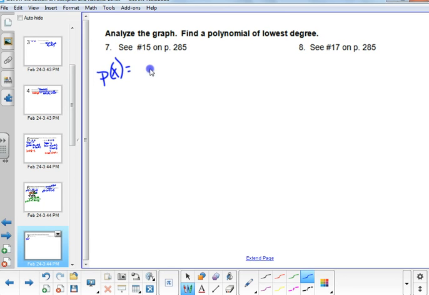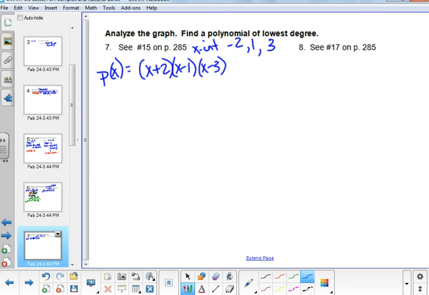What I notice is this guy has x-intercepts at -2. He also has an x-intercept at 1. He also has an x-intercept at 3. And none of them are bouncing off, and they all seem very normal. So what that means for me is x-intercept at -2 is a factor of x plus 2, and then x minus 1, and then x minus 3.